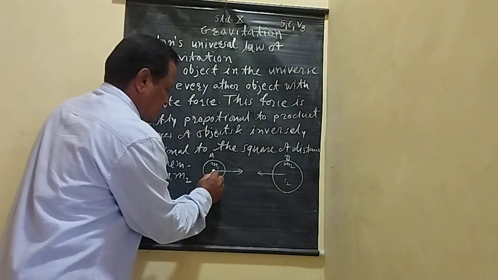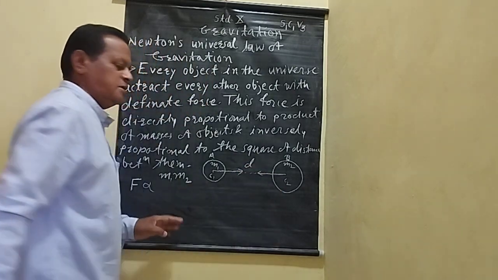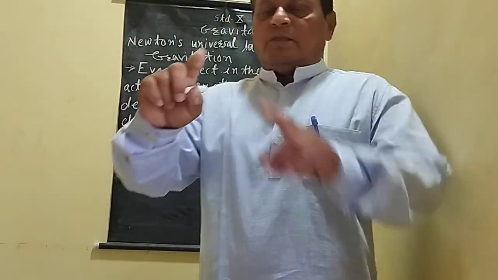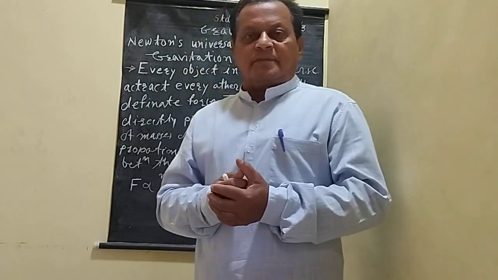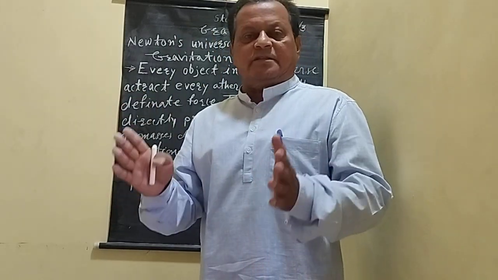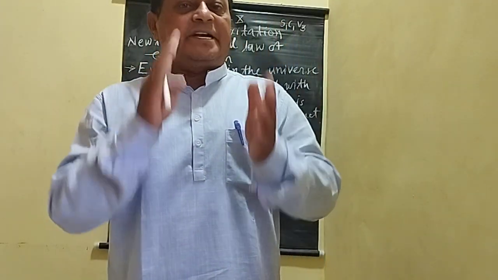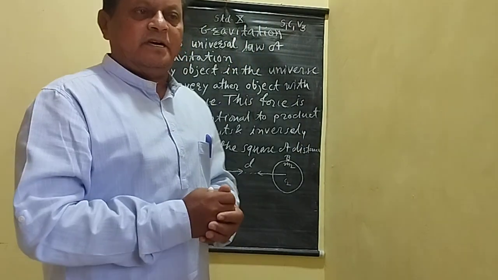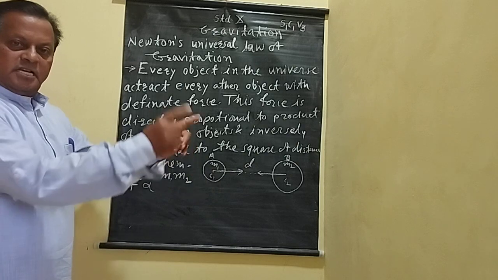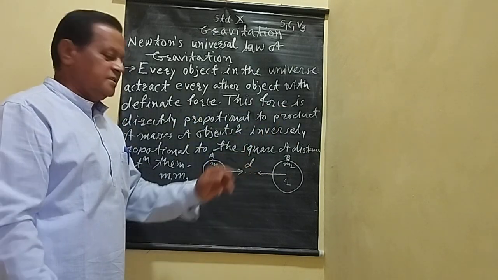So the line joining them is the distance between them, and suppose this distance is D. If bodies are not spherical, then the distance is taken from the center of gravity. Here we have taken spherical bodies, so the distance is the line joining C1 to C2, and that is D.